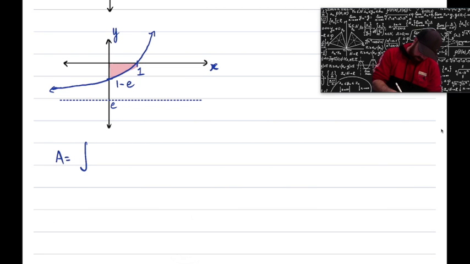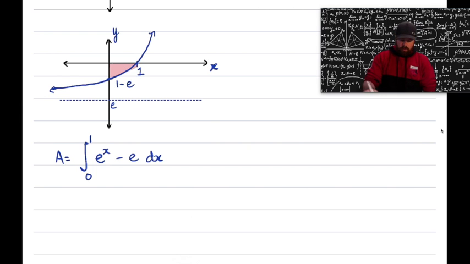It's going to be between 0 and 1, which has worked out to be quite nice numbers, funny enough, of our function, which was e to the x minus e dx. And remember that we said that this e, because it doesn't have a variable associated with it already, was just a constant number.